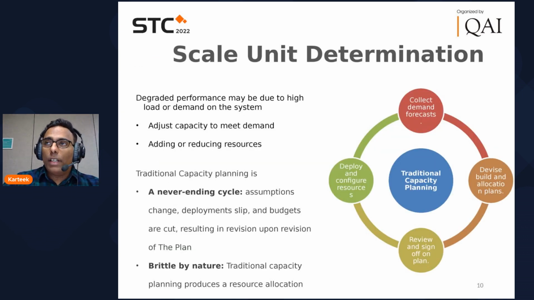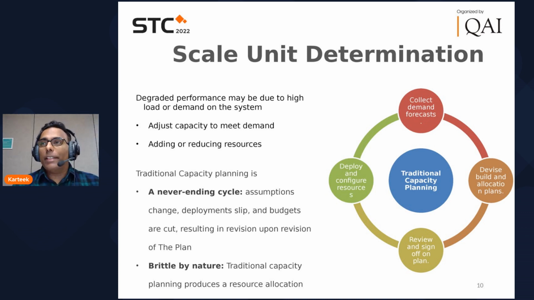Once we have solved the problems at unit level, the next problem statement is what scale unit we need to begin with. This gives us an idea whether we want to do horizontal scaling or vertical scaling, and what is the bare minimum cores, memory, or RAM to begin with.